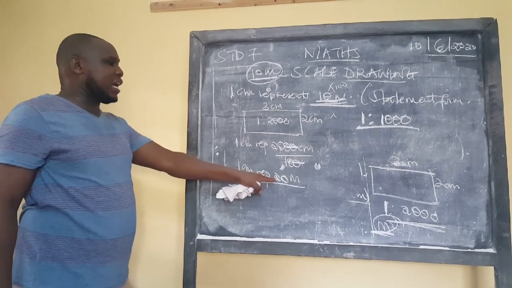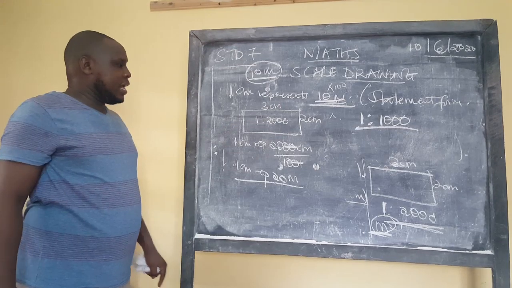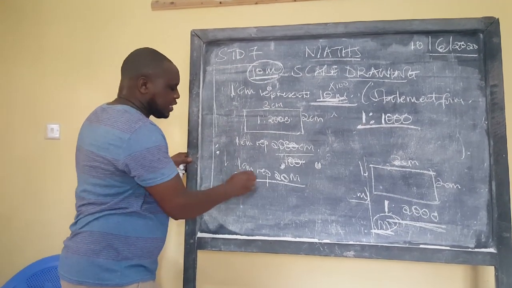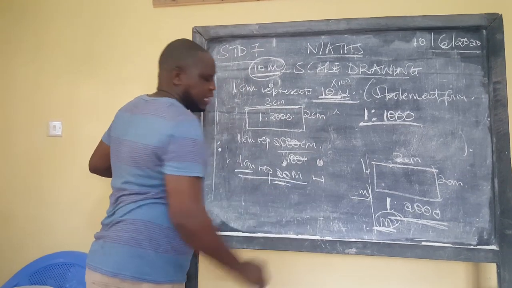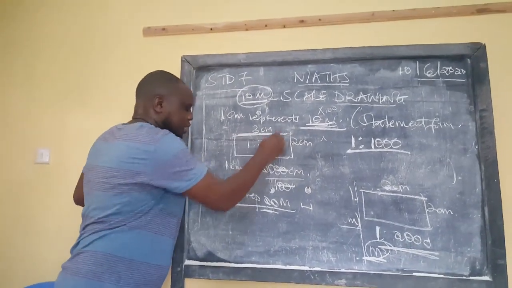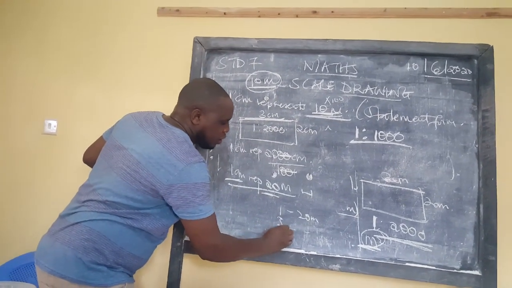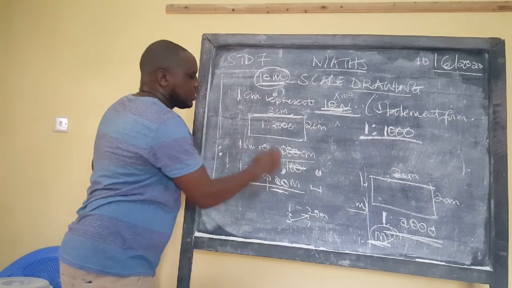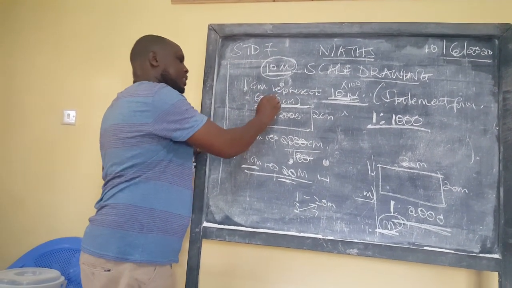So if 1 centimeter is 20 meters, whenever they draw 1 centimeter like this, they have drawn 20 meters. What about 3 centimeters? If 1 is 20 meters, then 3 will be equal to 3 times 20. So this, instead of 3 centimeters, becomes 60 meters.